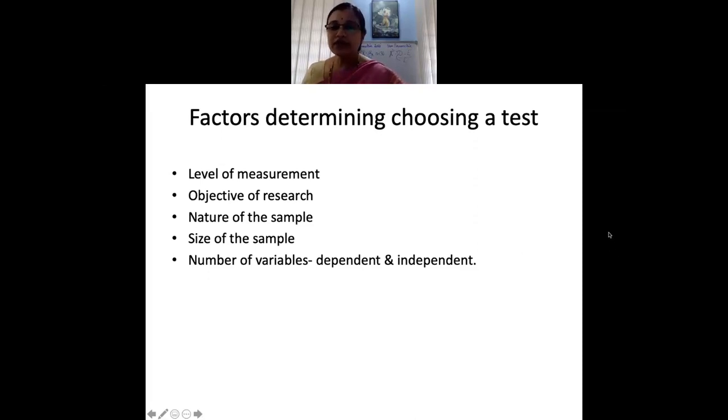Once we've entered the data, please do remember that all your data can be analyzed or interpreted in two ways. One is called descriptive statistics, and the other is called inferential statistics. Whatever data you have got, you are going to analyze it and give your interpretations.